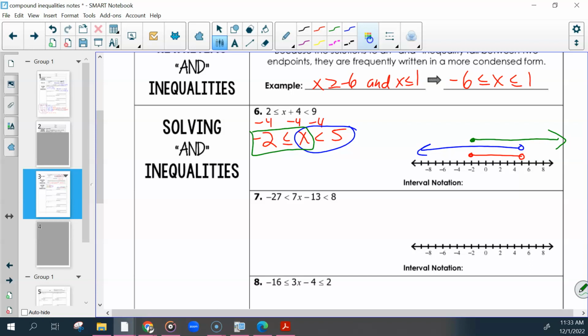If solving it all together is complicated, you could separate it by doing this: taking what it equals or the "and" on one side and then writing the other one as a separate thing. So if you wanted to solve them as two separate things, you could do that.